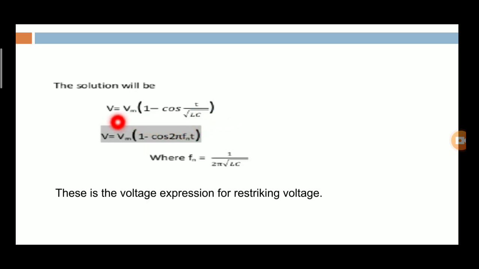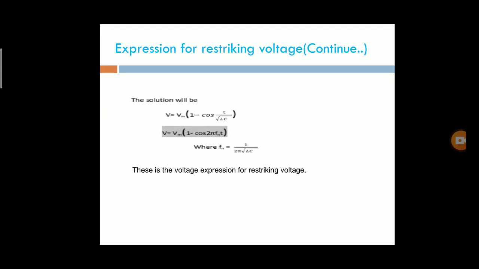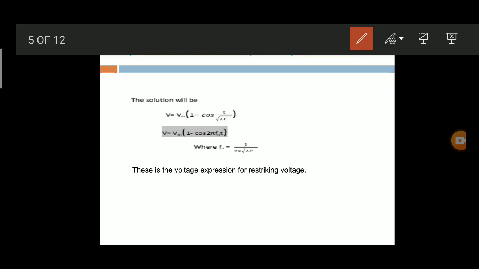That will be replaced by 2 pi Fn t, where Fn is 1 by 2 pi root LC. Okay, this is the restriking voltage.